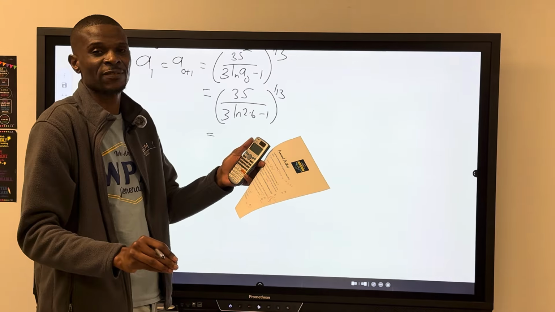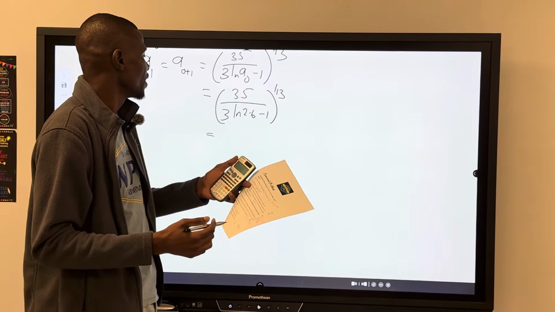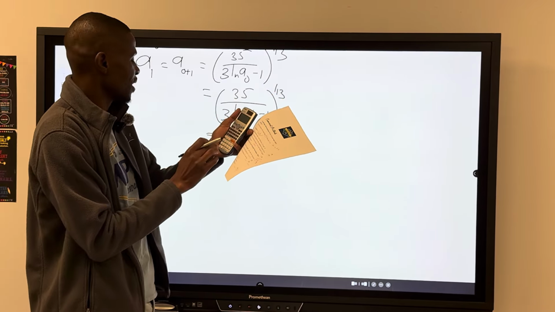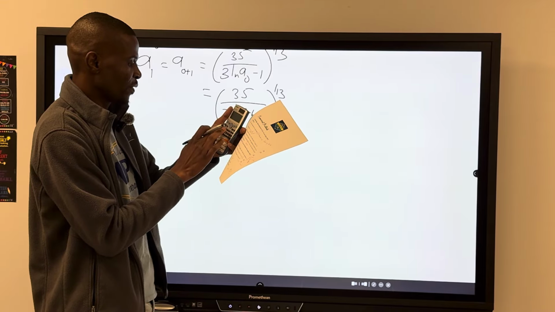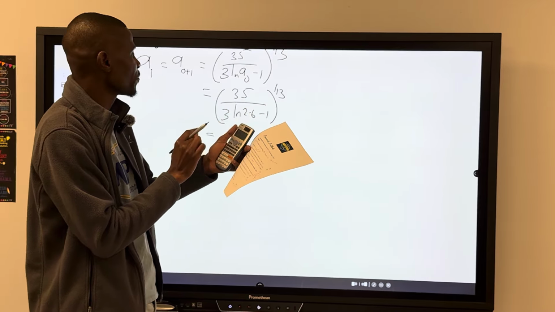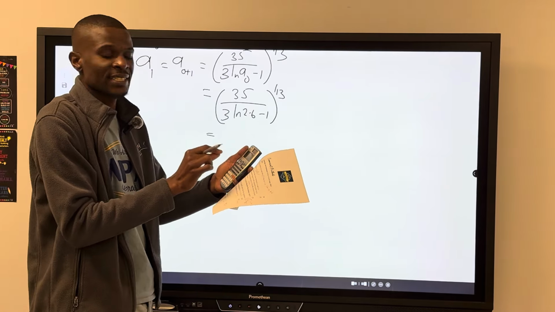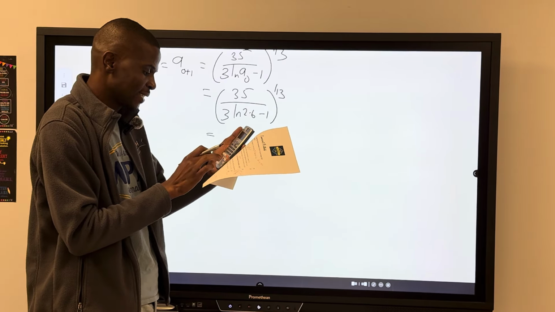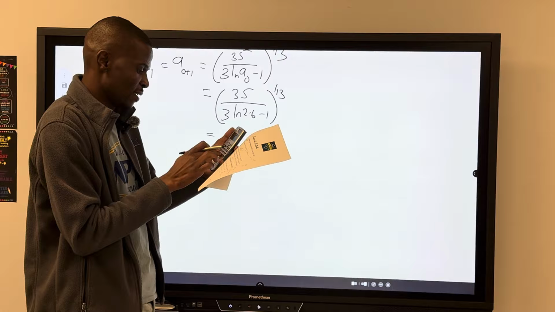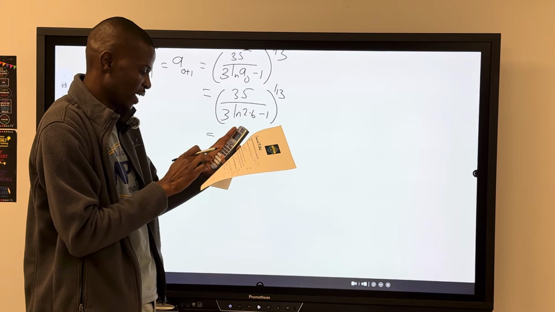So it's now stored. What you are going to do is say 35 divided by 3 natural log. Instead of entering 2.6, just enter answer. Then from there you subtract 1, then it's to the power of a third.